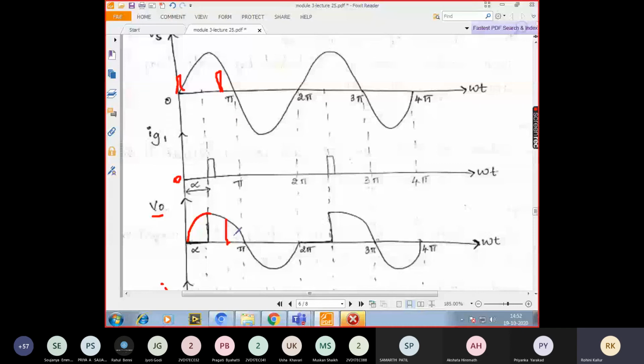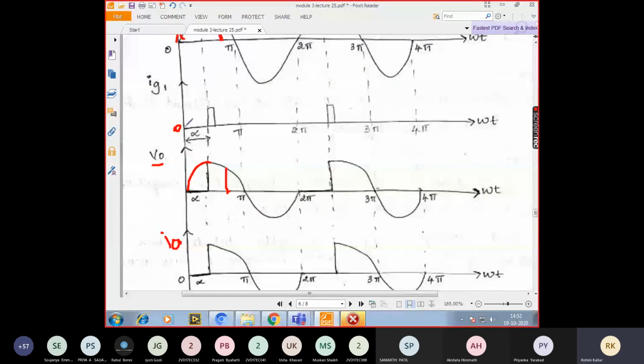So I mean to say that whenever I change the value of the firing angle or the delay angle, I am changing the output voltage that appears across the load. I can change the value from 0 to pi. If I keep it at omega t equal to 0, I will get more output voltage or more output current.